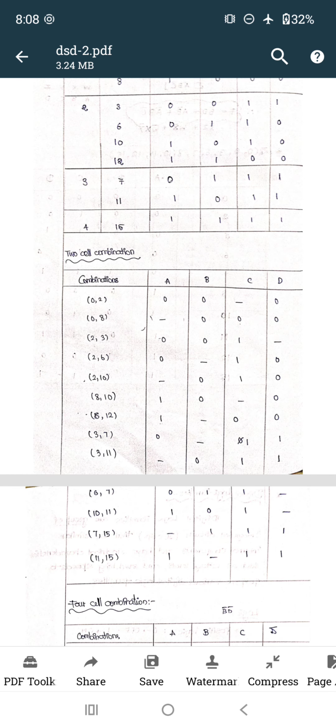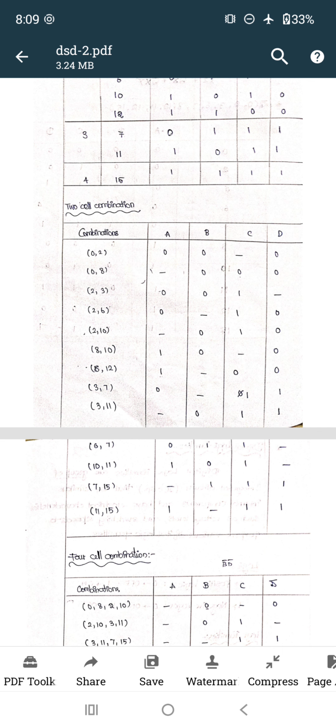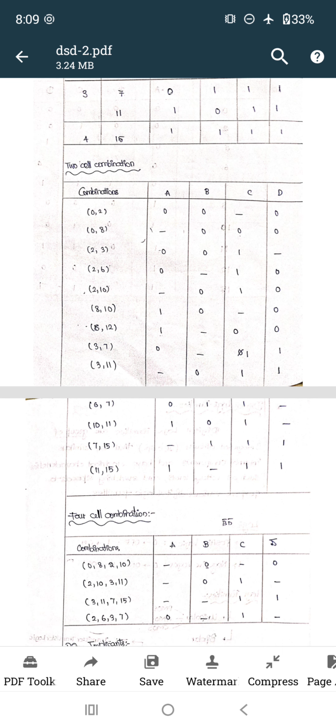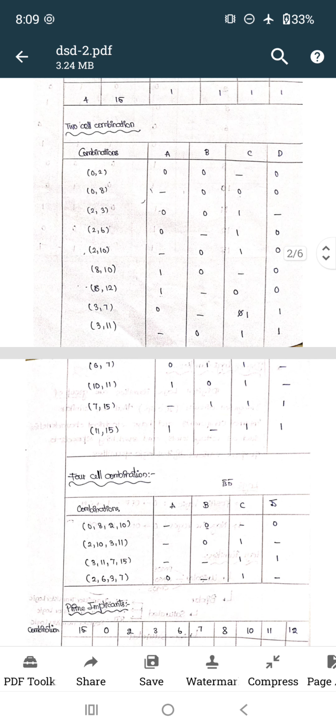For 3, 7: 0, dash, 1, 1. For 3, 11: dash, 0, 1, 1. For 6, 7: 0, 1, 1, dash. For 10, 11: 1, 0, 1, dash. For 7, 15: dash, 1, 1, 1. For 11, 15: 1, dash, 1, 1.